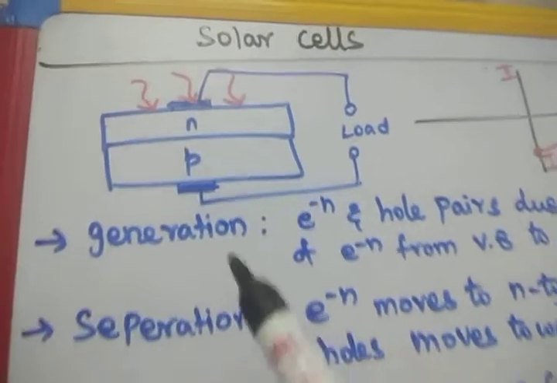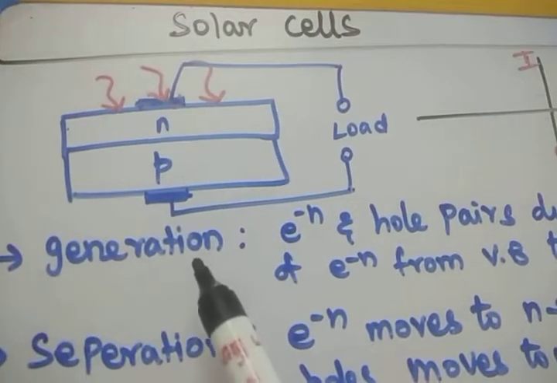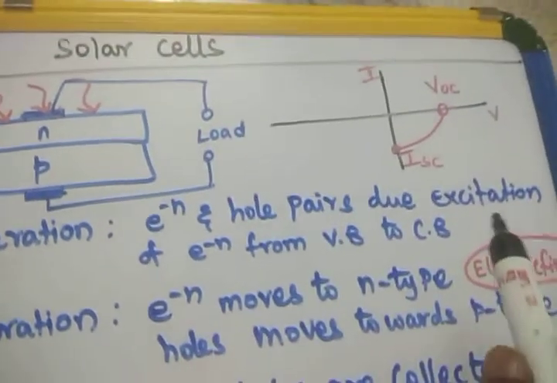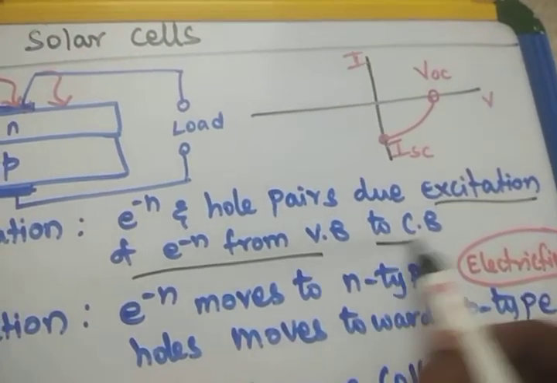Three processes will take place: generation, separation and collection. The first one is generation, where electron-hole pairs are created due to the excitation of electrons from the valence band to the conduction band.